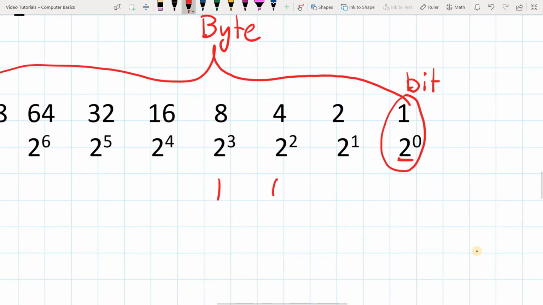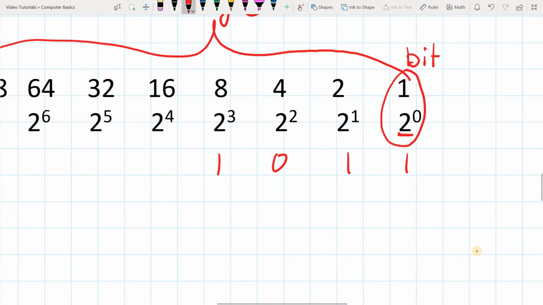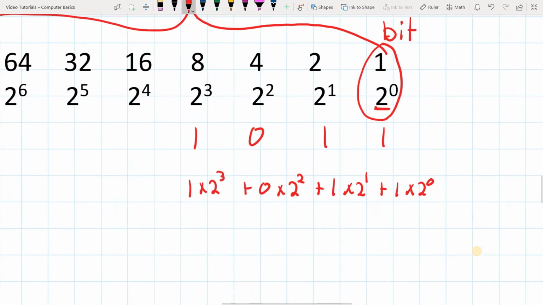Okay, so let's just do another example here where we write down a number. So I'm going to write down the number 1011 and show you what this is. So this is 1 times 2 to the power 3 plus 0 times 2 to the power 2 plus 1 times 2 to the power 1 plus 1 times 2 to the power 0.